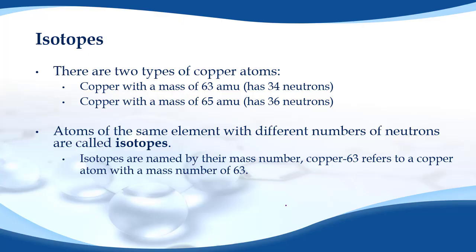The way that you refer to them is we can either use the isotope symbol that we did in the last slide, or we can refer to them by atomic mass name. So we can say copper 63, referring to the 63 atomic mass, or copper 65, referring to the 65 atomic mass.